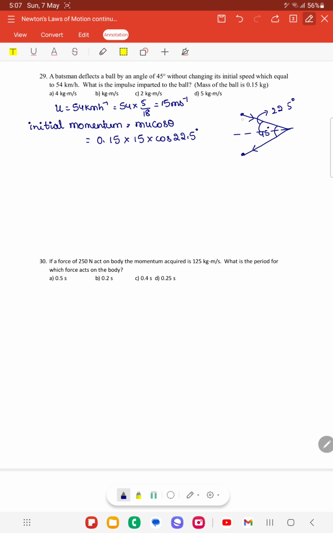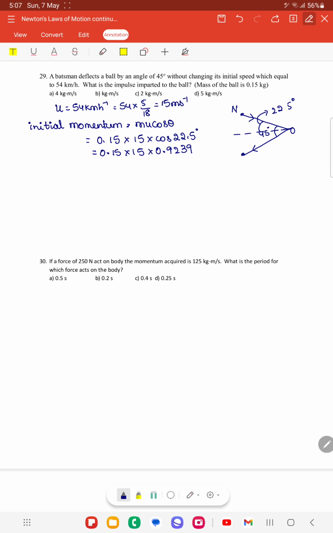Here we have the component only along the mu cos theta, the mu sin theta component cancels with each other. So here it is 0.15 into 15 into cos 22.5 degree, which is 0.9239. So let us consider this is N, this is O. That is nothing but along NO direction.